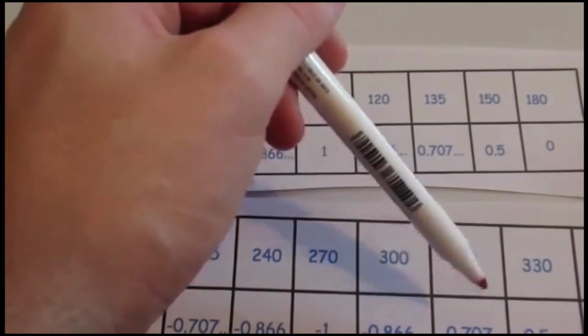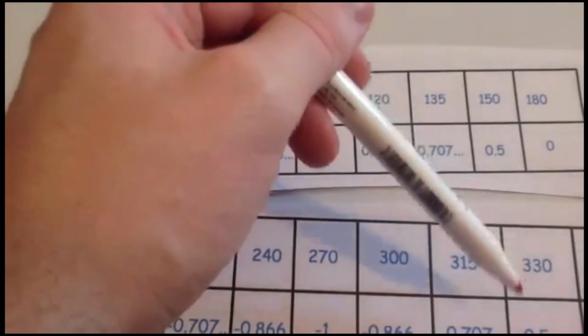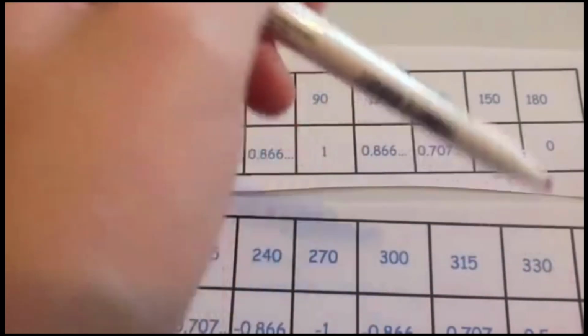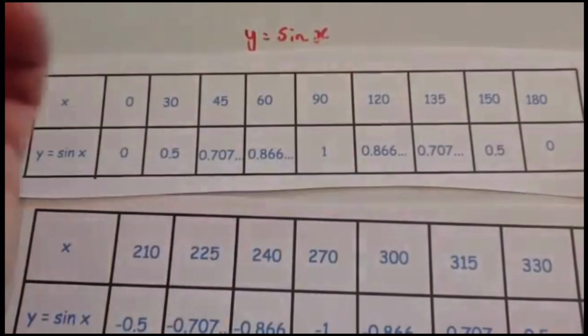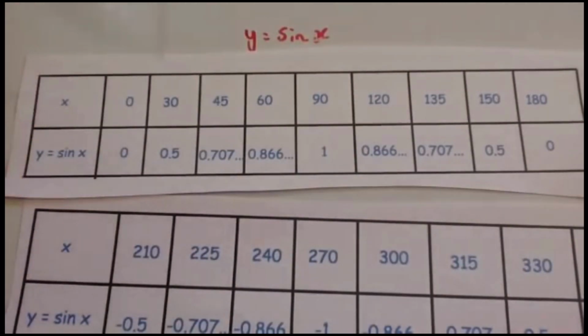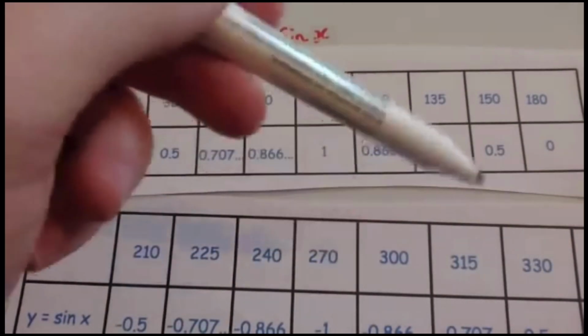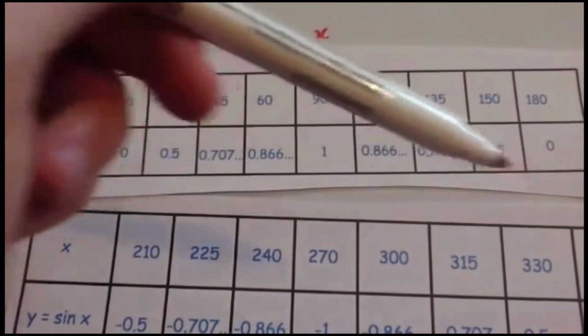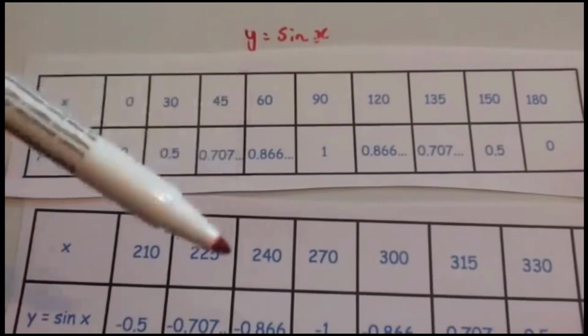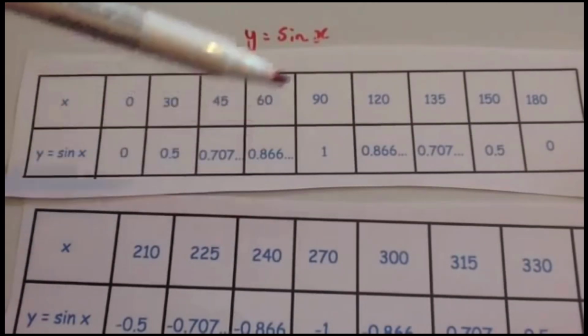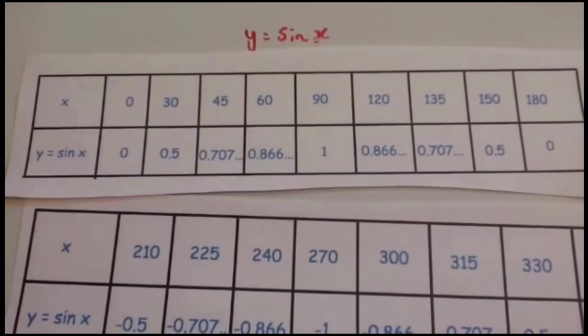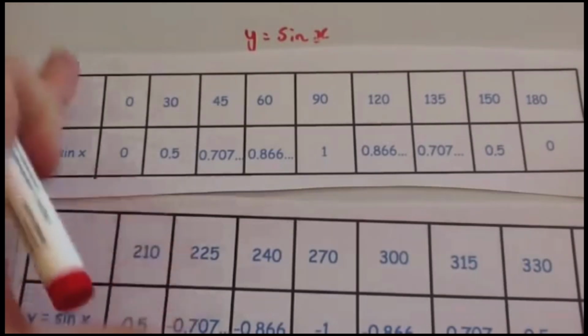And 330, you get negative 0.5, right? 360, you get back 0. So we have to draw the axes, label the angles, and you notice that the value changes from positive 1 to negative 1. The highest value is positive 1, the lowest value is negative 1.